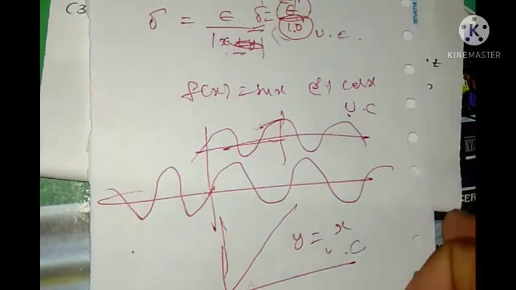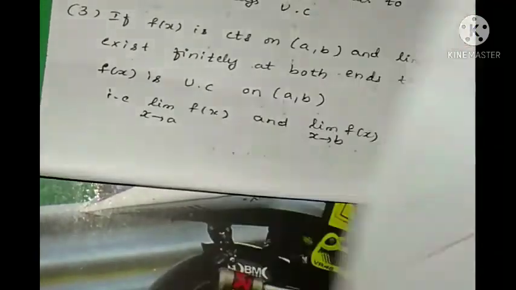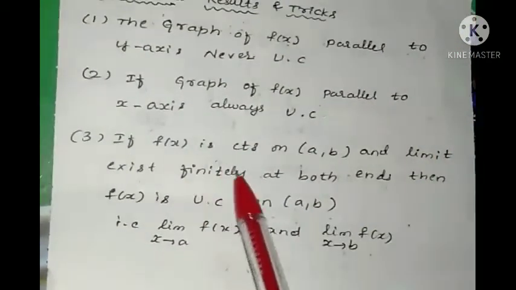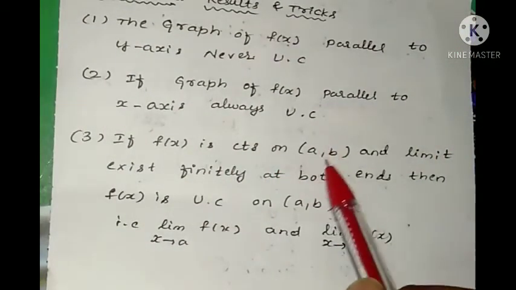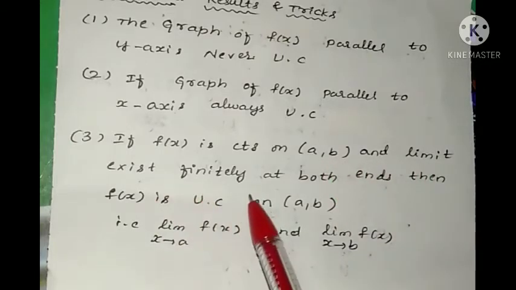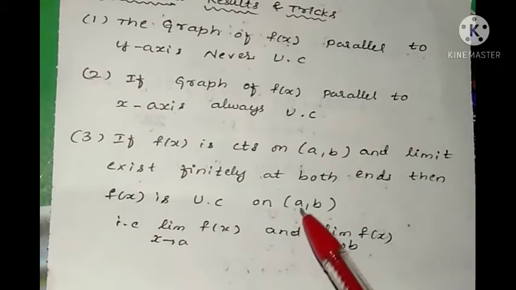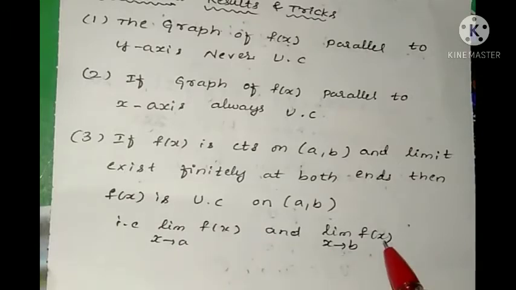Then another point is, if f of x is continuous on the open interval (a, b) and the limit exists finitely at both ends, then f of x is uniformly continuous on (a, b). That is, the limit as x tends to a of f of x and the limit as x tends to b of f of x.